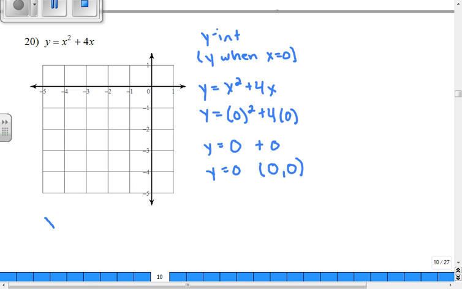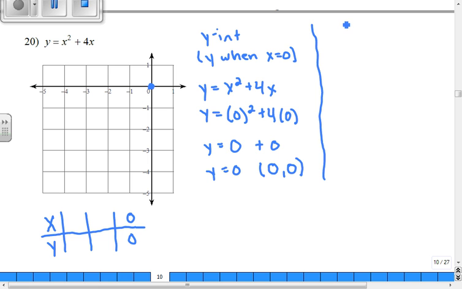Now it might be helpful for us to make a table to organize this information. So we know that (0, 0) lies on our graph. Okay, let's find our x-intercepts. Well, to find our x-intercepts, we know that we need to factor.